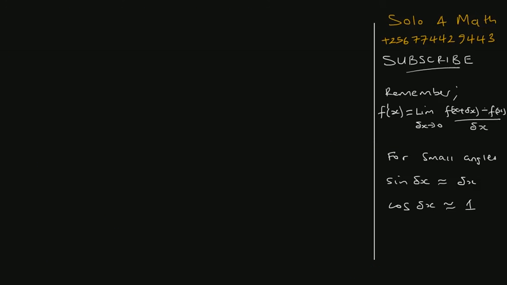Finally, let's look at a function of x equaling tan x. So our f of x plus dx is equal to tan x plus dx. We are substituting the same formula here.